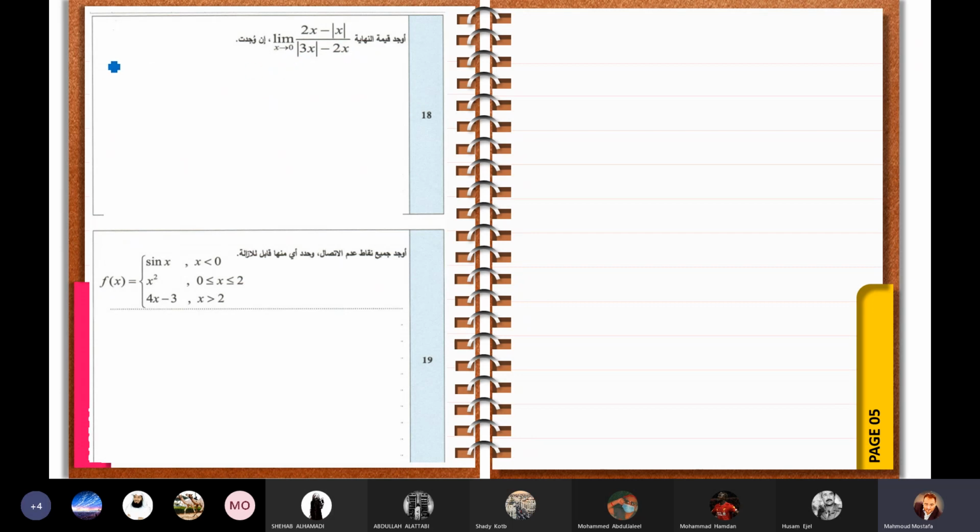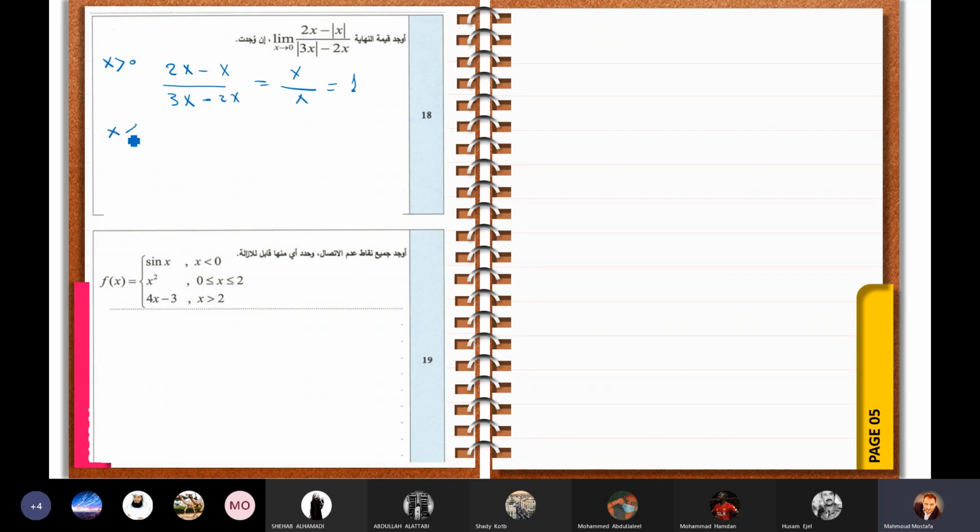So the first case, if x is greater than 0, then 2x minus absolute value of x will be x, because it's positive. Over 3x minus 2x. 2x minus x is x. 3x minus 2x is x. x divided by x is 1.